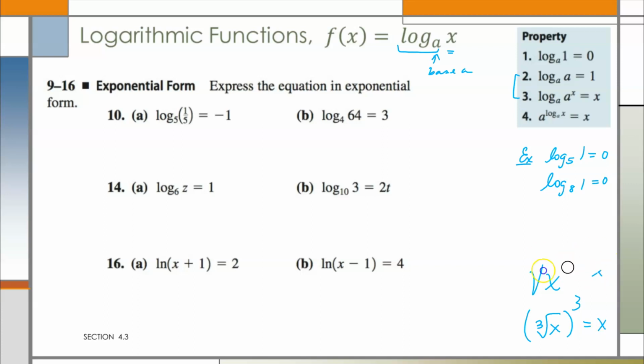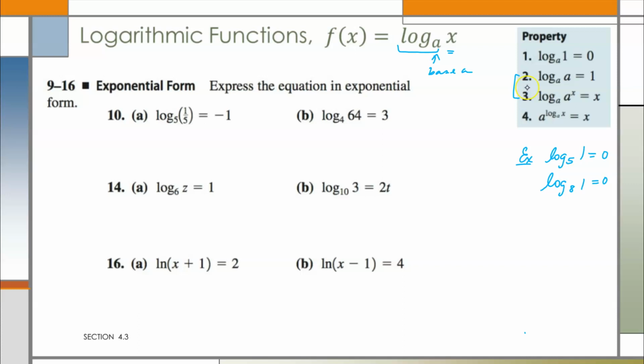That's how the log and exponential properties work. If I have a log, to undo it I do an exponential. If I have an exponential and I want to undo it, I do a logarithm. They're inverse functions. They undo one another.